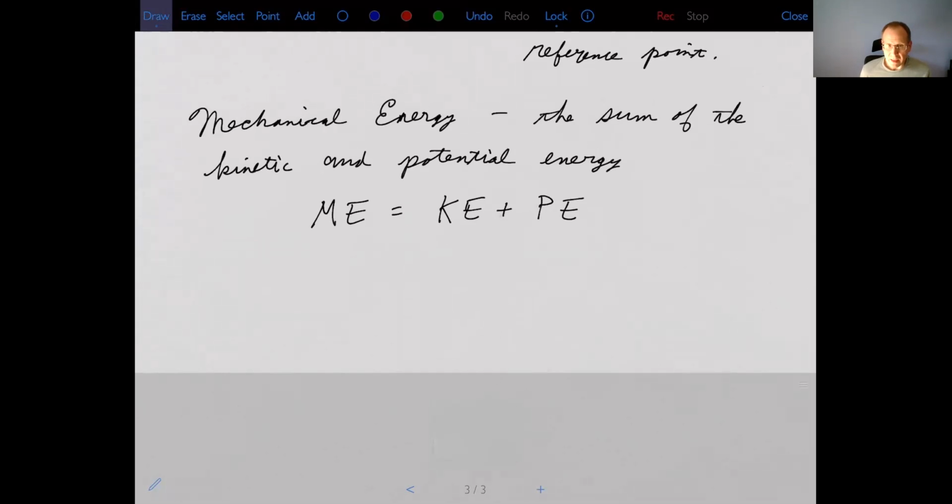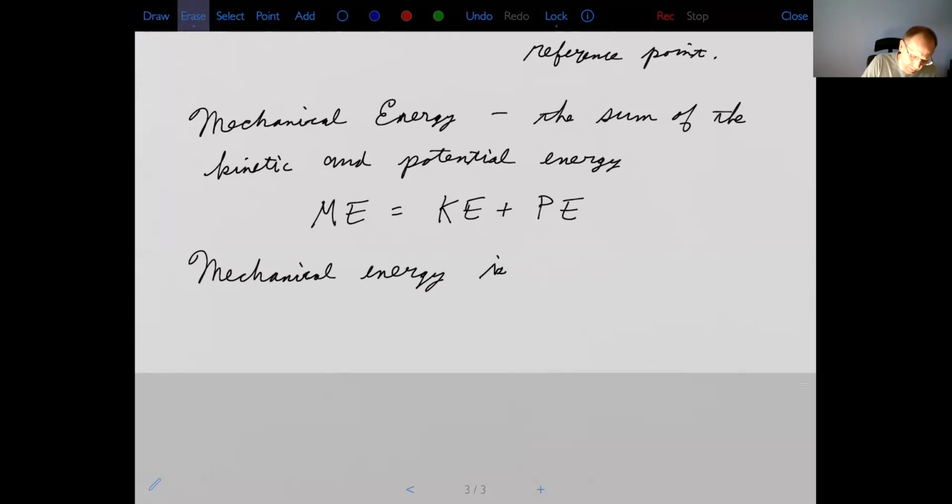Mechanical energy will stay the same if there are no what's called non-conservative forces.